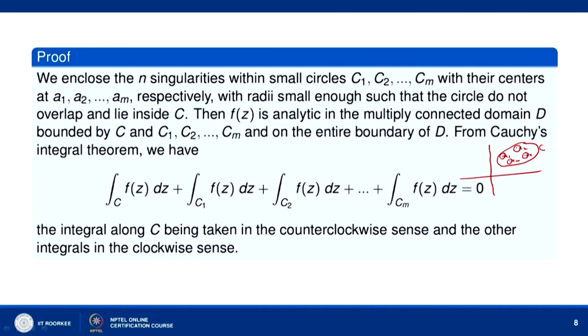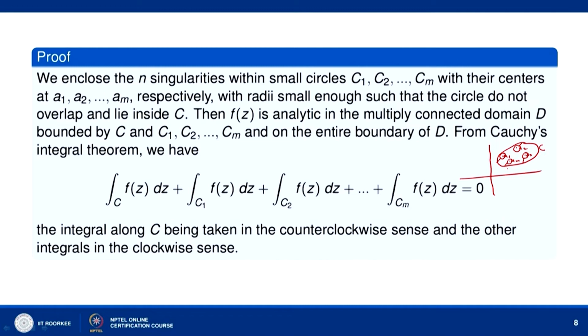Now, join them by cross cuts with the boundary. And then we can see that the integral over C of F(z) dz plus the summation over Cj, j running from 1 to m, of the integrals is equal to 0.